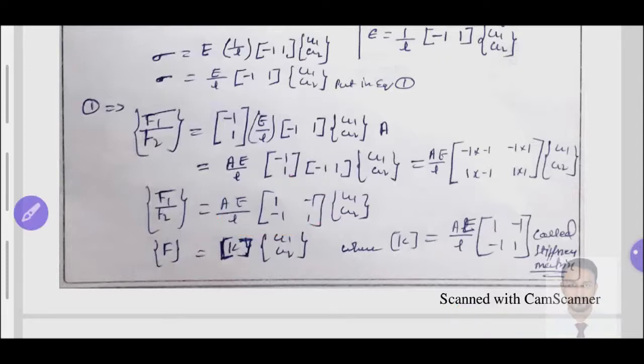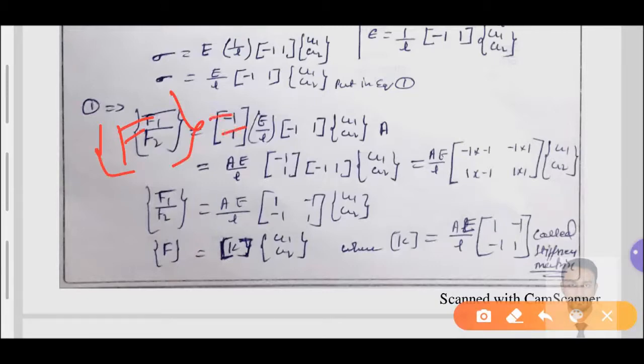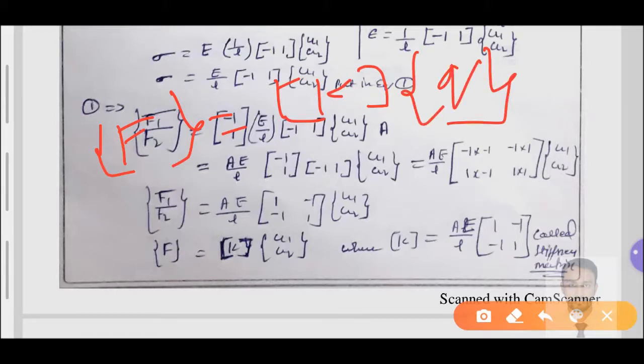So we have F equals K into the Q matrix. Instead of the opposite reverse order, we got the equation, and it also remains the same. Just rearrange the equation.